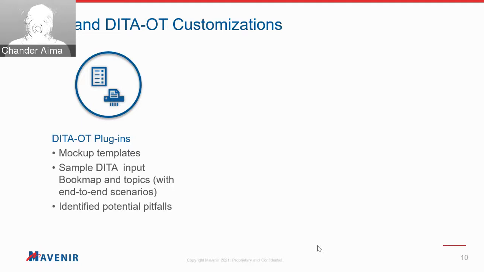We identified the data elements that we need to process in our document, and then we created mock-up templates. This is something that our team of technical writers worked on together. The mock-up template, based on the elements that we want to process, became a kind of requirement document for the implementation partners.